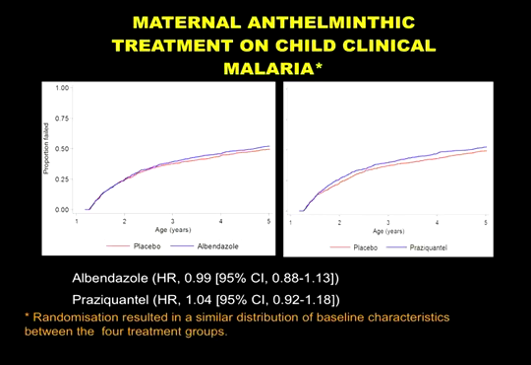From the Kaplan-Meier graph, similar to the one I've shown before, the blue line is the group for the mothers who received albendazole, while the red is the group for the mothers who received placebo. And this is similar, looking at praziquantel versus the placebo. So there was no effect of albendazole nor of praziquantel on childhood clinical malaria.